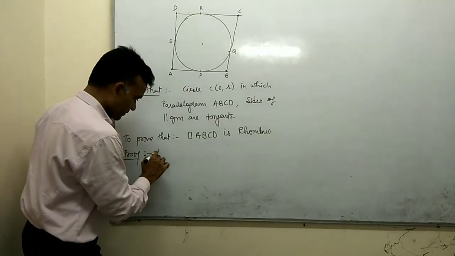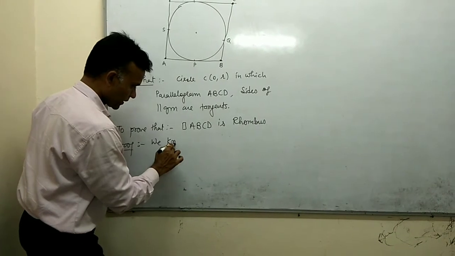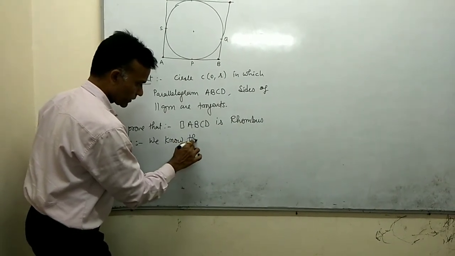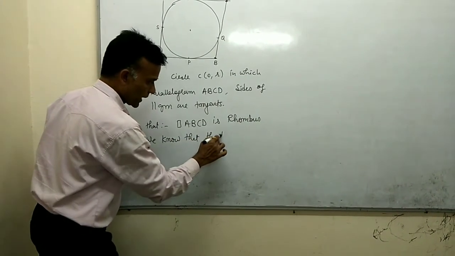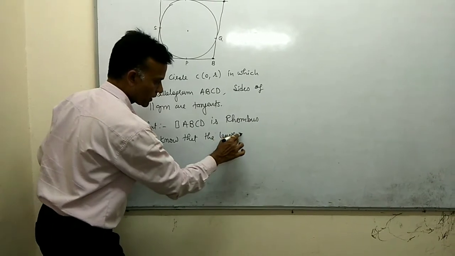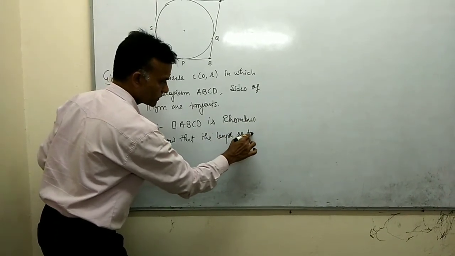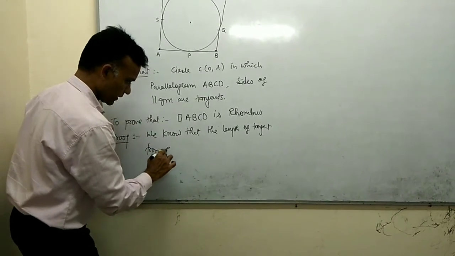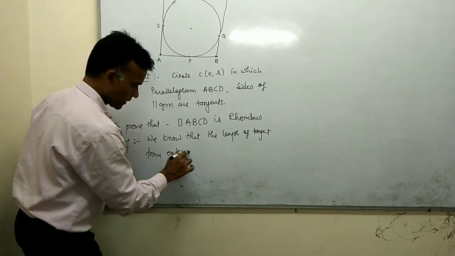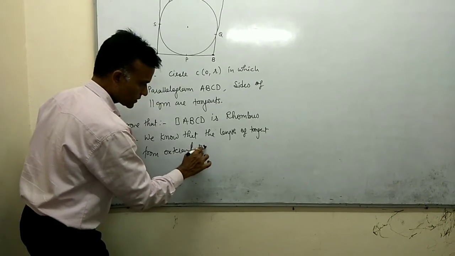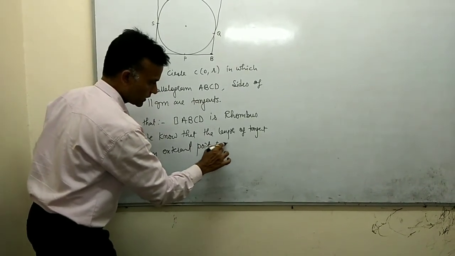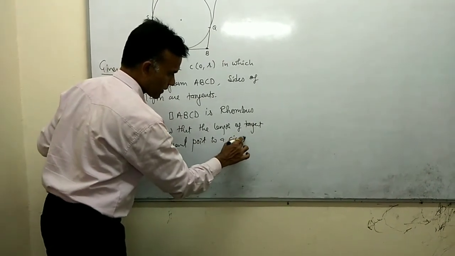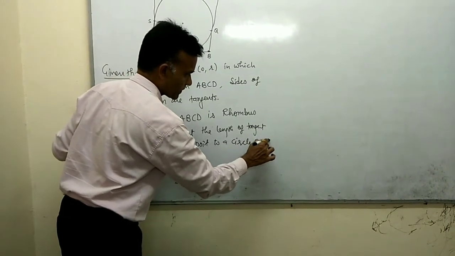We know the concept that the lengths of tangents from an external point to a circle are equal.